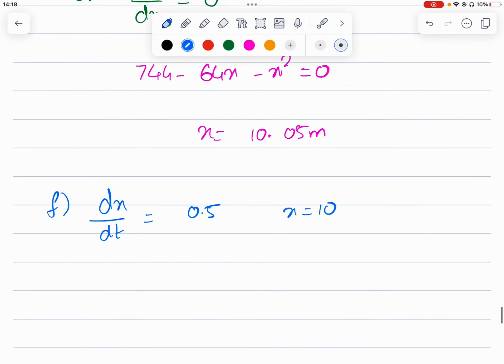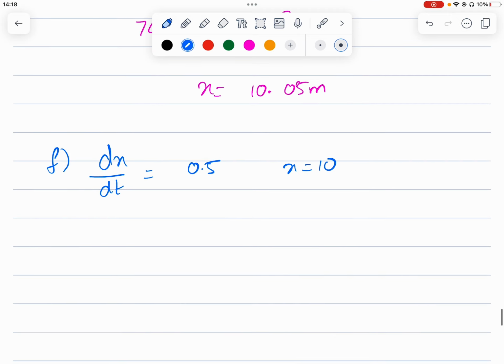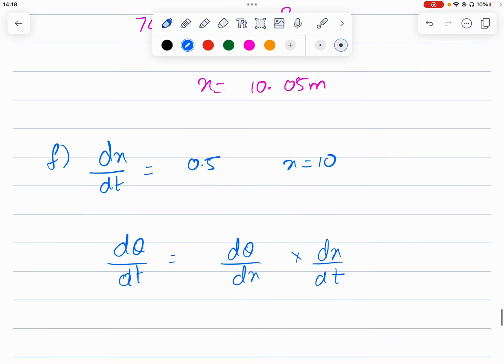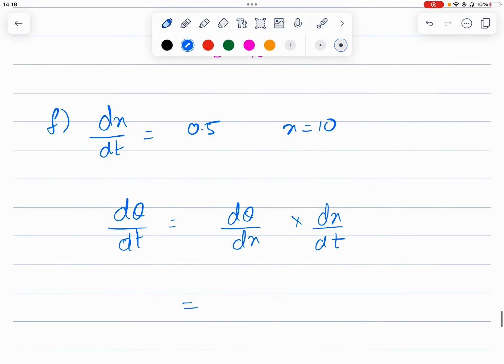Now he is asking us to find it out. What is d theta by dt? D theta upon dt, which is d theta upon dx times dx upon dt. So d theta upon dx is nothing but how much?